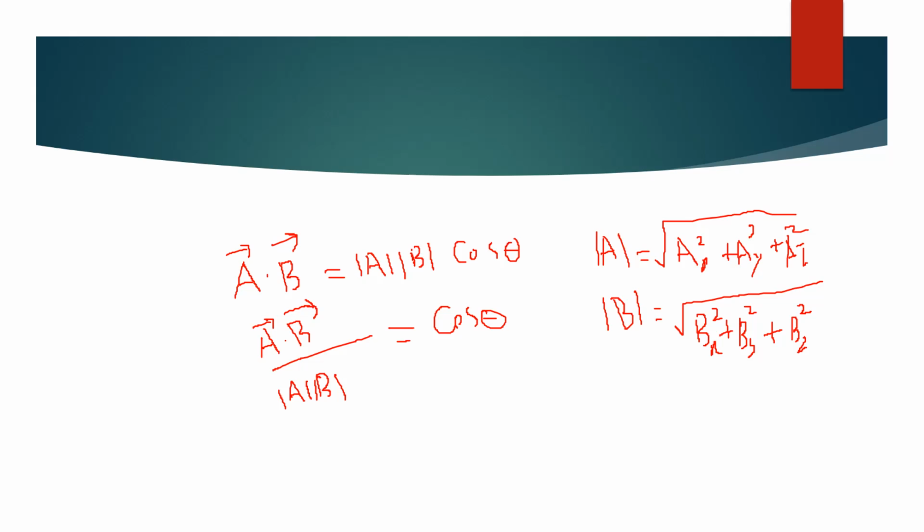So we know the magnitudes, we know the dot products. When we multiply them, just now we saw it was AxBx plus AyBy plus AzBz. That was the dot product, and this is the magnitude. And when we write all this, we can find out the angle between two vectors.